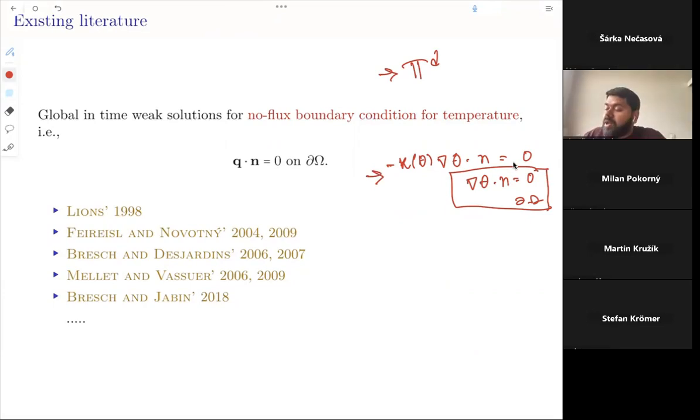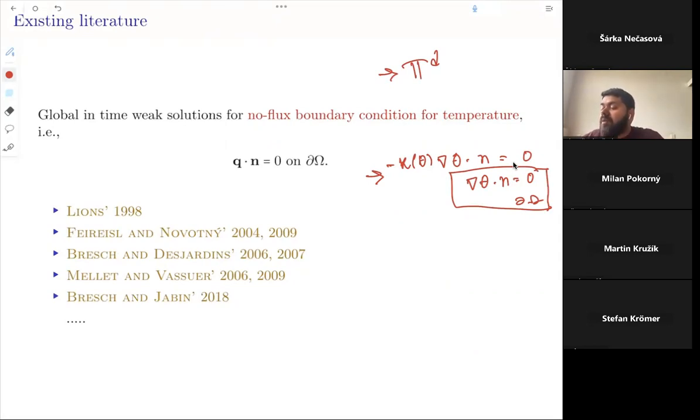For this case, global in time weak solution theory is known, and you can see the pioneering work of Lions, and then Feireisl and Novotny, Bresch and Desjardins, and then Mellet and Vasseur, and very recently another work by Bresch and Jabin. Obviously, all these cases have some difficulties, some partial results, and some additional structural hypotheses.